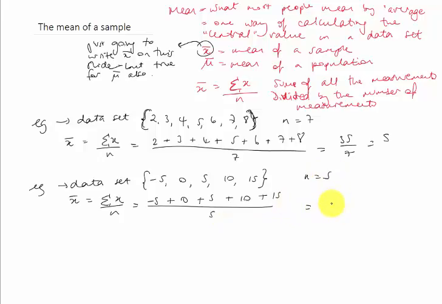So that gives us 25 divided by 5, which is 5. So these two samples have the same mean, but they're two quite different data sets.